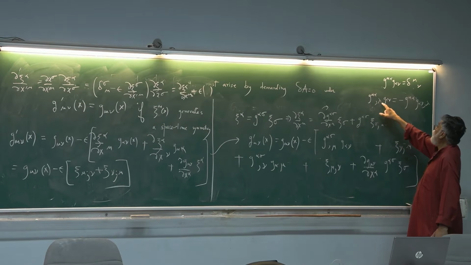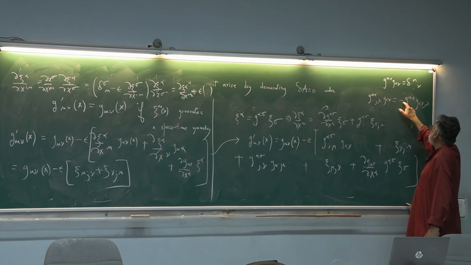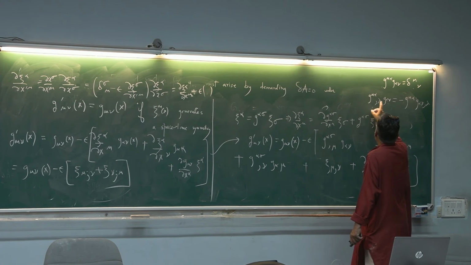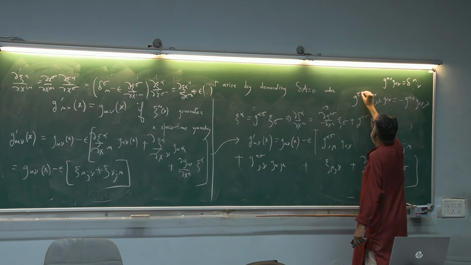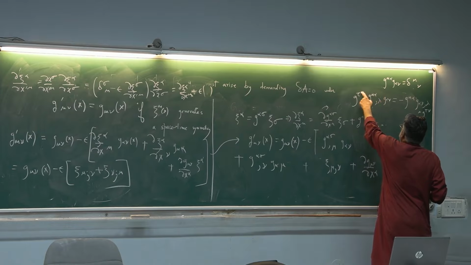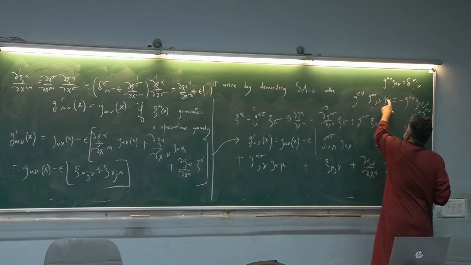But I want to express this in terms of, so I again multiply both sides. What is not being summed over? Nu is not being summed over. So therefore I multiply g tau nu on both sides.